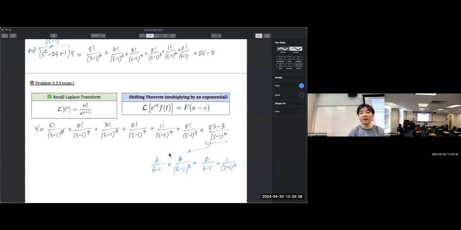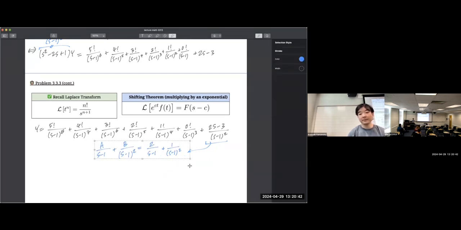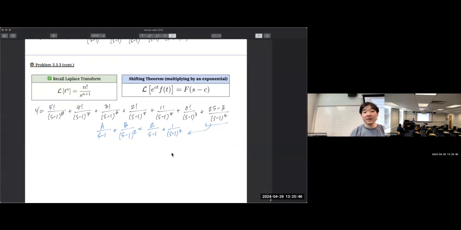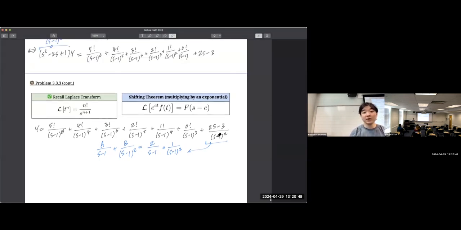So now that you have that, I'm going to take the inverse Laplace transform of this.